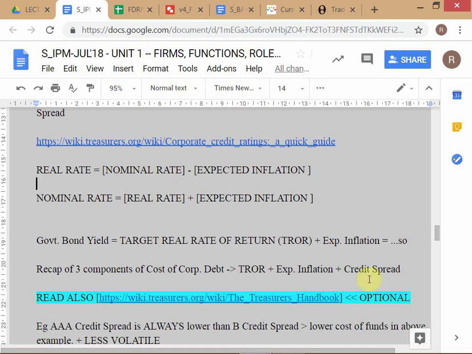So when you're decomposing the nominal government bond yield, we have already clarified that Aryan's answer is partly correct: one of the components of the nominal government bond yield is the expected inflation. So what is the other component? Real rate. Okay. So are you getting the answer now?